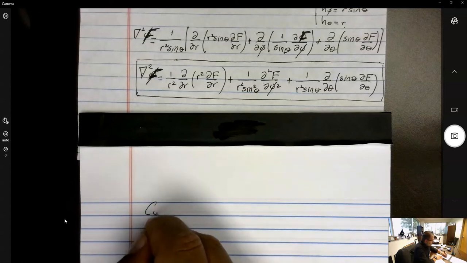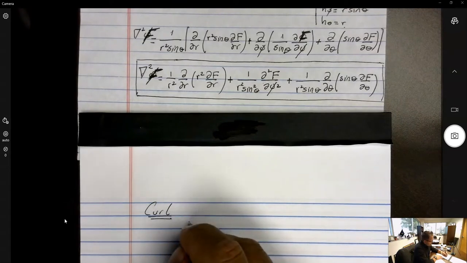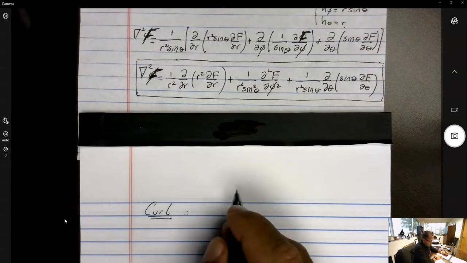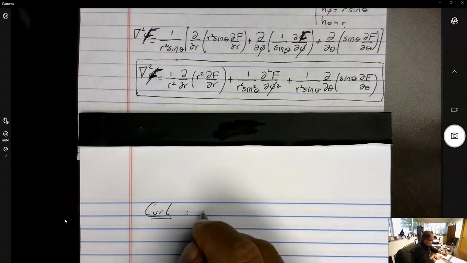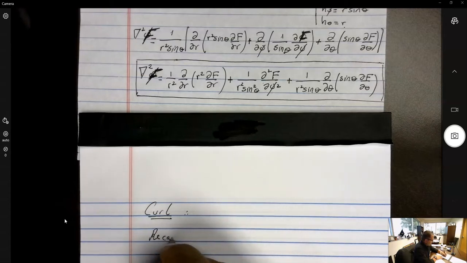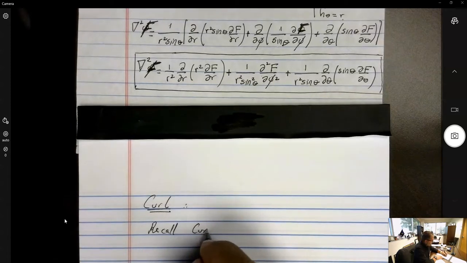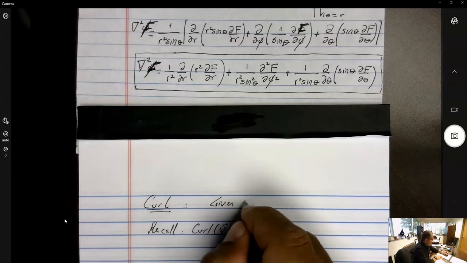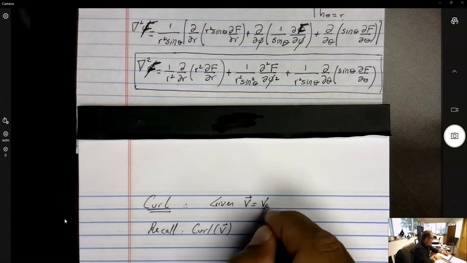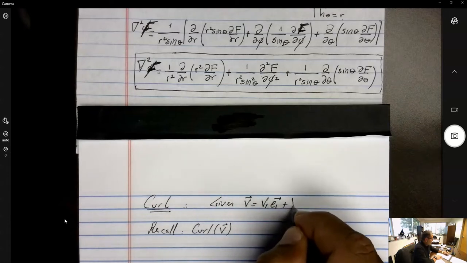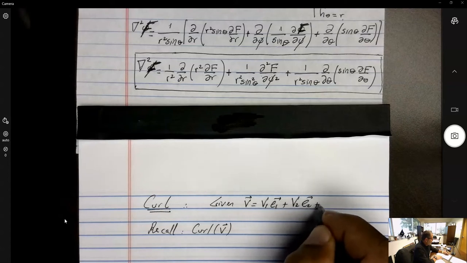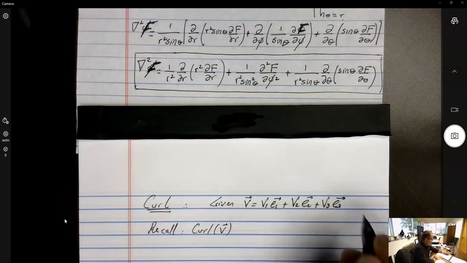Now the curl. And I'm going to say, okay, recall that the curl of V is equal, so again, given V, V1 in the first direction, V2 in the second direction, and V3 in the third direction.